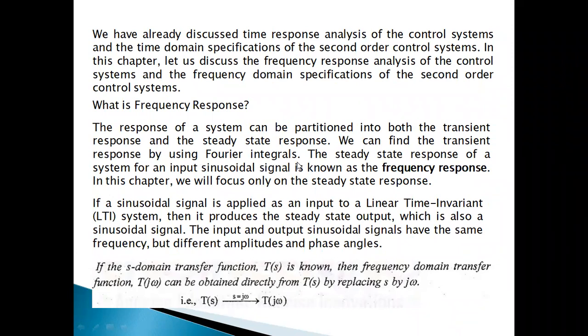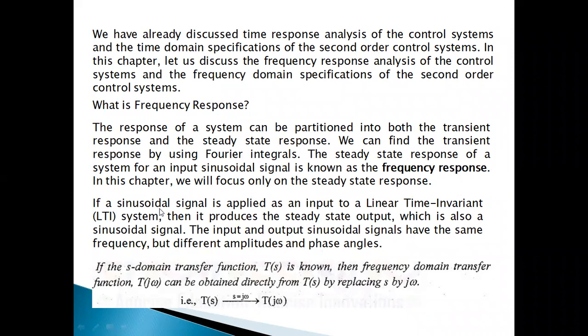The steady state response of the system for a sinusoidal input signal is known as frequency response. Simply, the steady state response of a system when the input is sinusoidal input is called frequency response. In this chapter, we'll focus only on the steady state response.